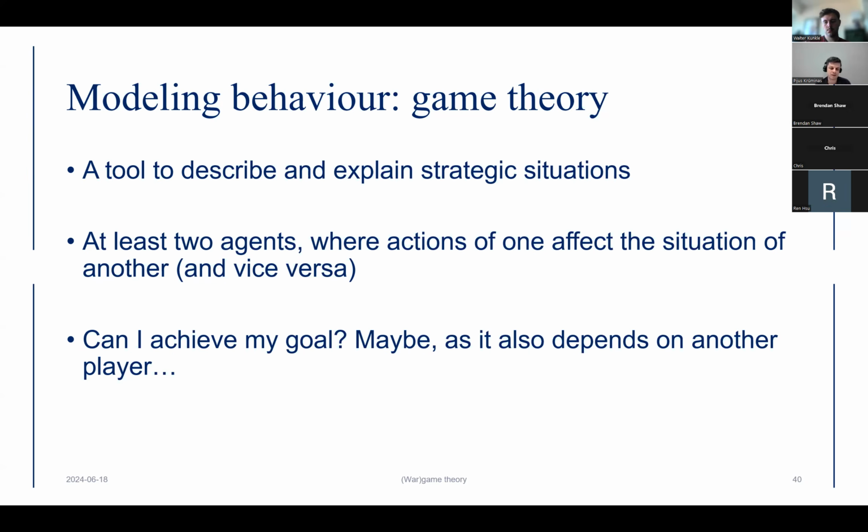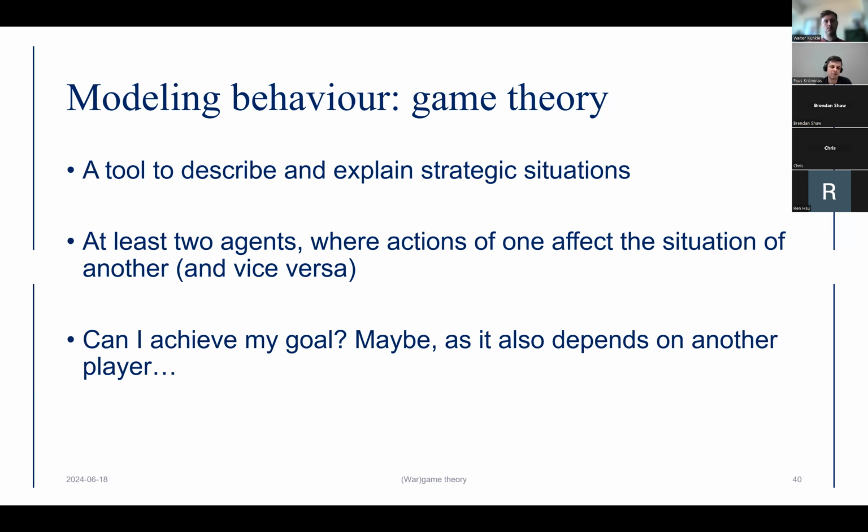Maybe, but it also depends on another player. I think in ancient Greek writing, I think it was Plato or maybe somebody else, now I'm a bit afraid to lie, one of the key philosophers already says, okay, if I'm at war and I'm standing in the front line, should I retreat or not, depending on what others are doing, and so on.